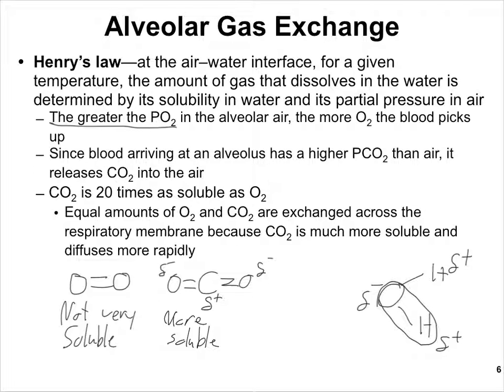Now, if we look at CO2 in its dissolved form, remember we said that carbonic anhydrase is going to combine CO2 with water to make this molecule called carbonic acid, which will then dissociate into its basic form. And we'll see that this is charged, and ionic things, charged things, are very soluble.